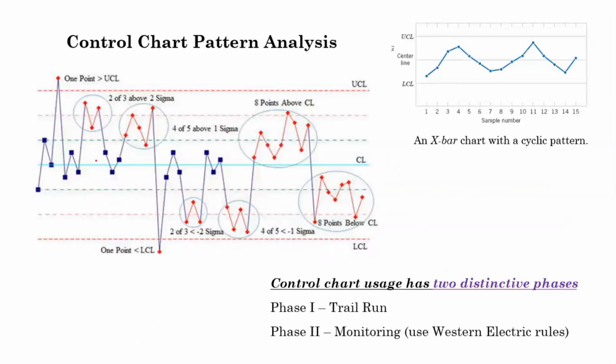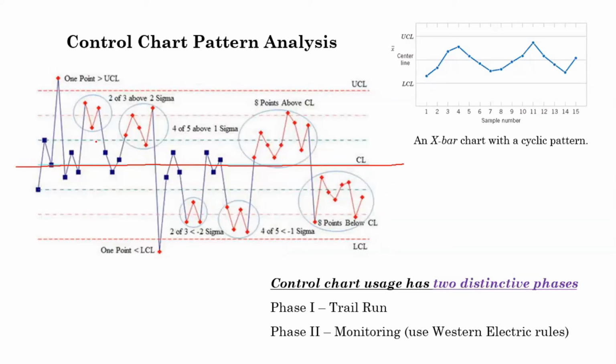For example, if this is the center line, let me mark it so you can see it well. This is the center line and you have the limits here. Now, if you have 1 point above the upper control limit or 1 point below the lower control limit, then we say this is out of control.